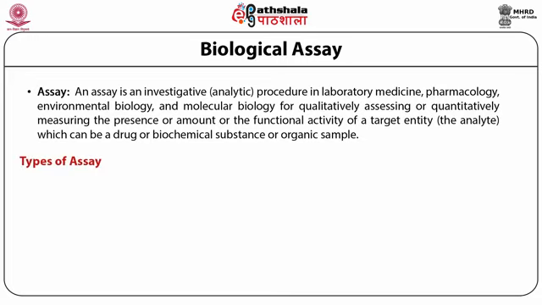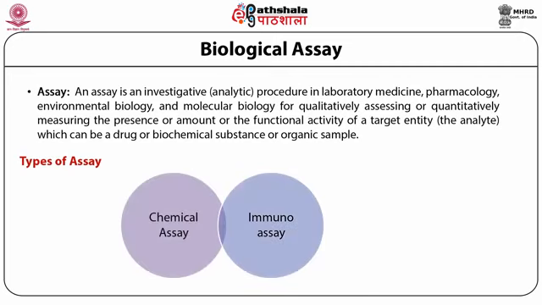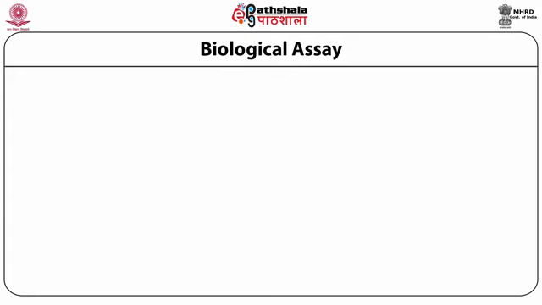Different types of assay we follow are the normal chemical assay, the immunoassay, or the bioassay. The type of assay depends upon what type of molecule we are going to analyze.